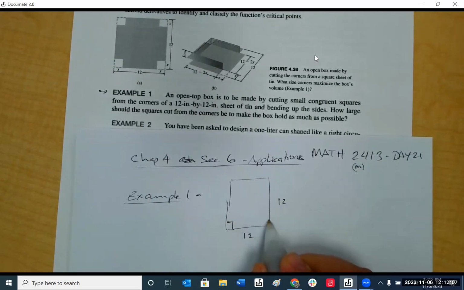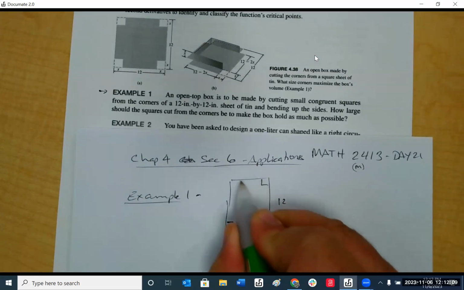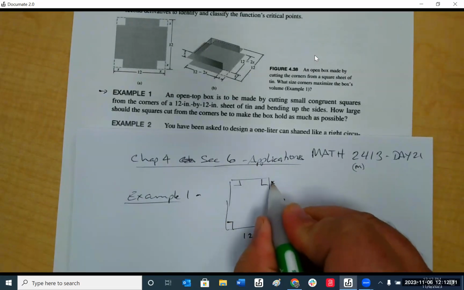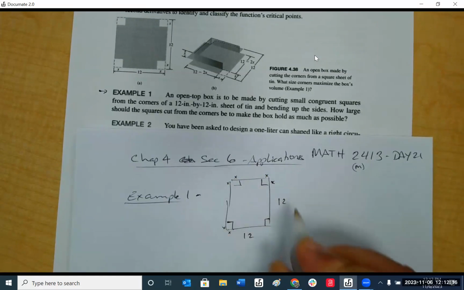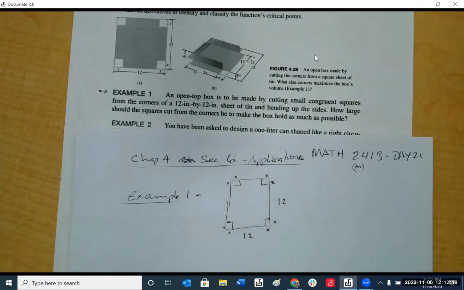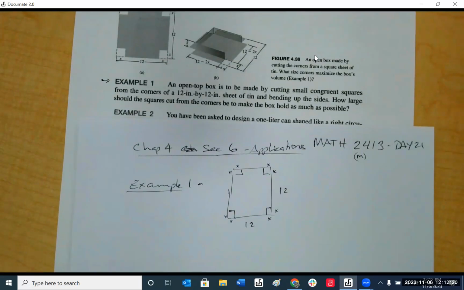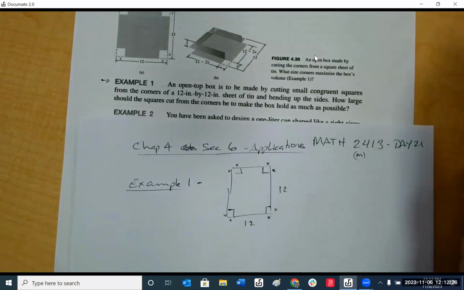We want equal corners to be cut out, so these are all going to be the same size. Is this going to be an area or a volume or a perimeter, or what kind of equation problem? It's going to be area.